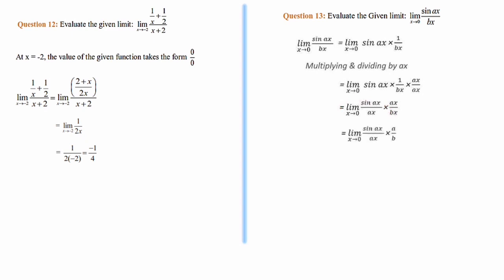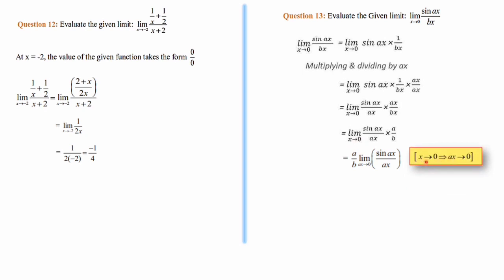That is a by b into limit x tends to 0, sin ax by ax. Because here ax is there as an angle. So here we have to change this limit x tends to 0. We know that x tends to 0 means ax also will be tending to 0, because it is a product.